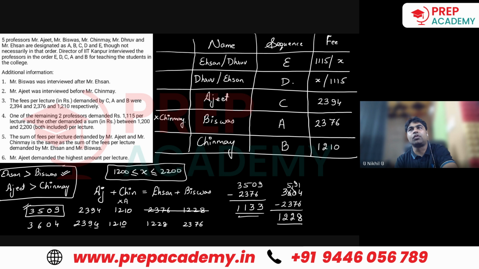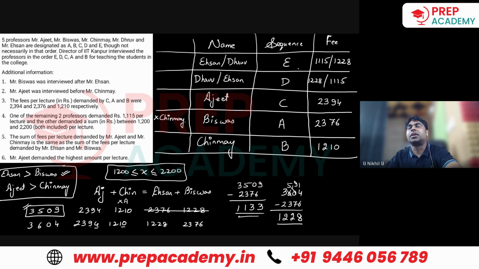And this X value would be 1228 in that particular case. Now, if I say anything is being said about the 1115 thing, no. So that would be all that we can fill up. But Ehsan has to be 1228.